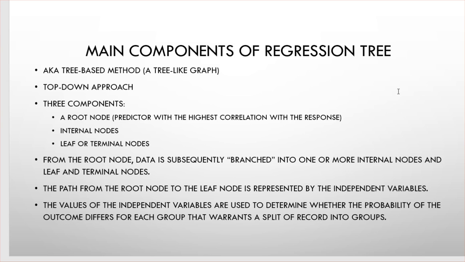And here are the main components of a regression tree. The main components of a regression tree are the same as the main components of a classification tree. A regression tree is a tree-like graph.